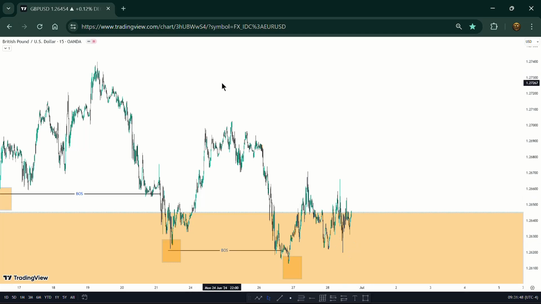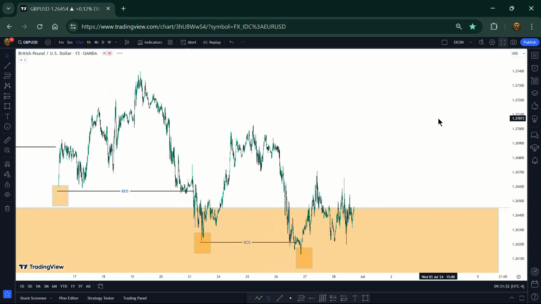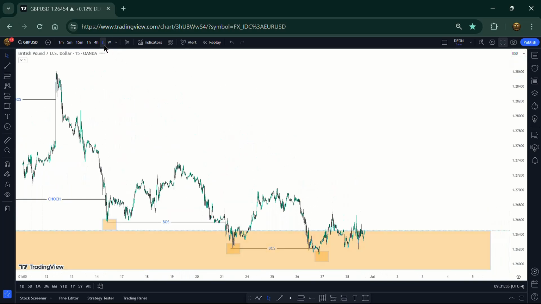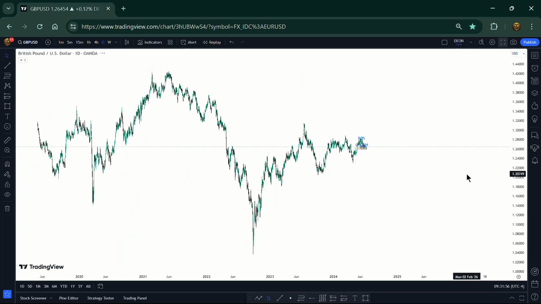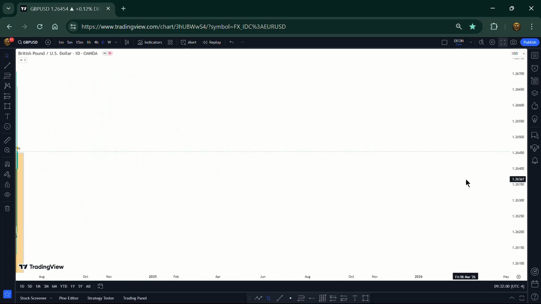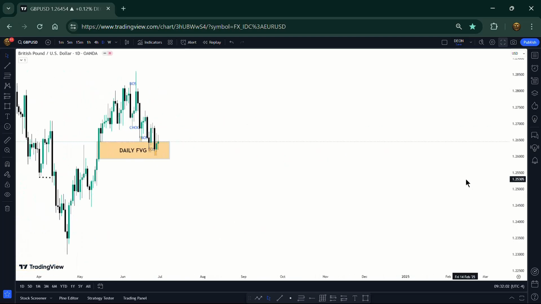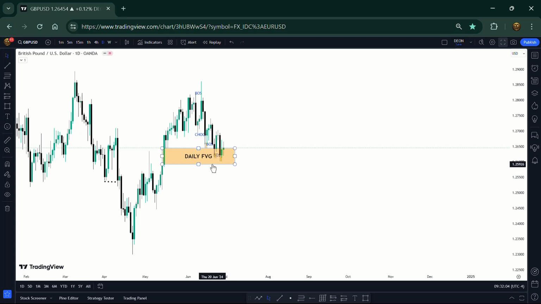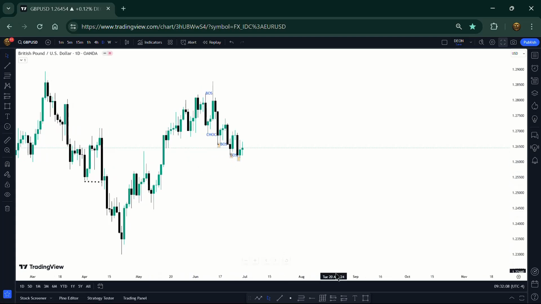Now if you just look down here on the daily, let me remove this, you still have something down here. This is a single candle order block.